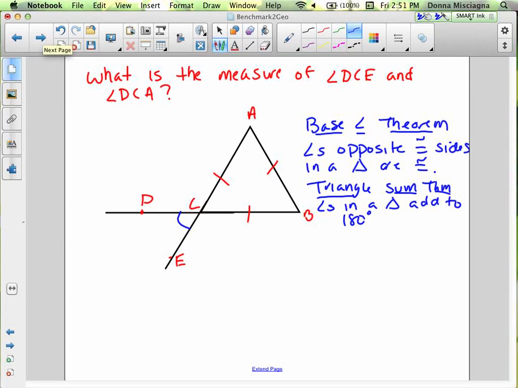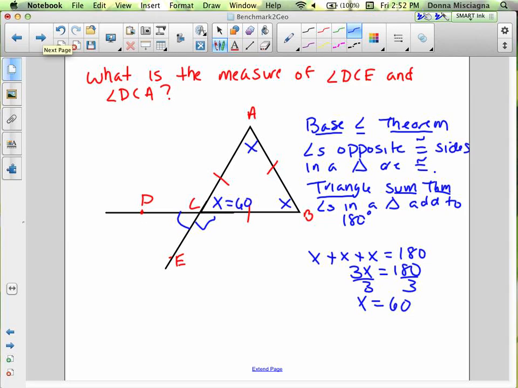So if all three sides are congruent, that means all three angles are congruent. So x plus x plus x equals 180 degrees. Well, x plus x plus x is just 3x. And if we divide both sides by 3, x is 60 degrees.